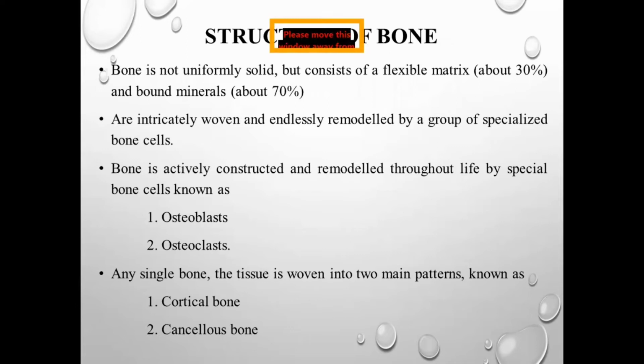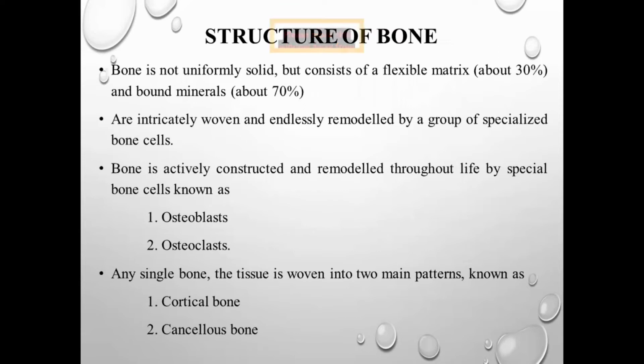The bone is actively constructed and remodeled throughout life by special bone cells known as osteoblasts and osteoclasts. So these are the two important bone cells which remodel your bone throughout your life.